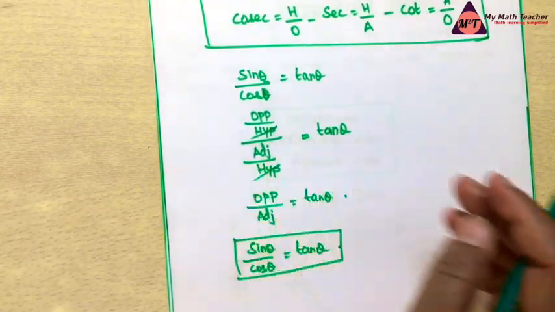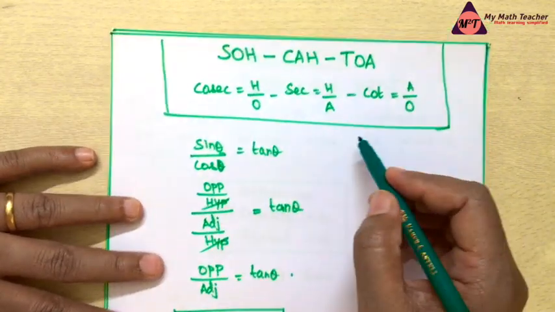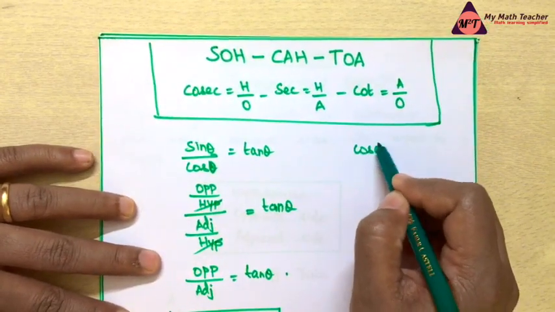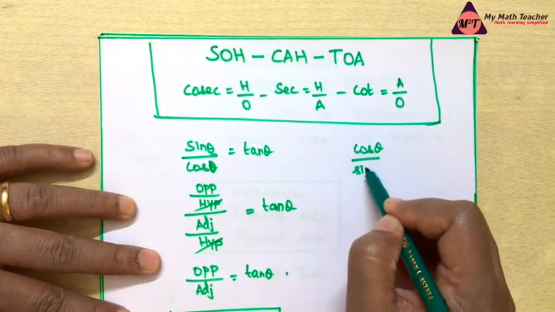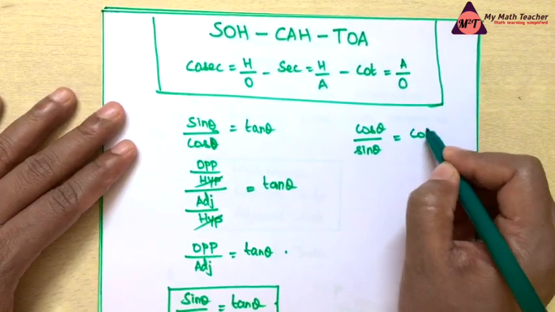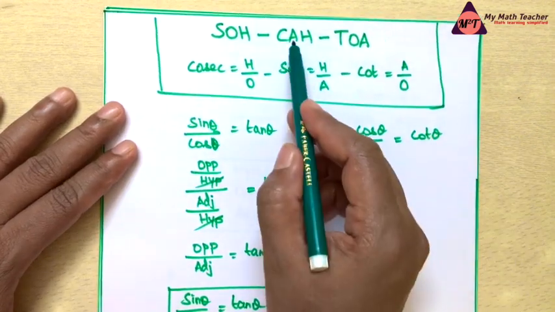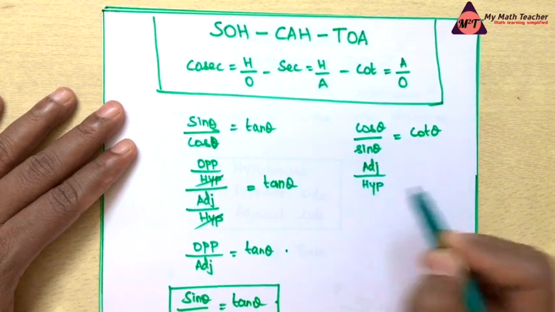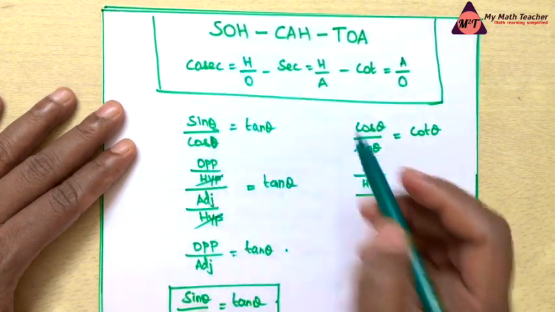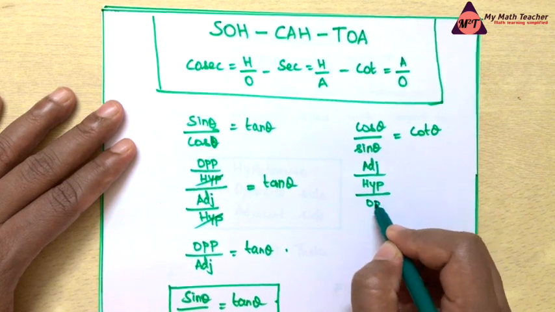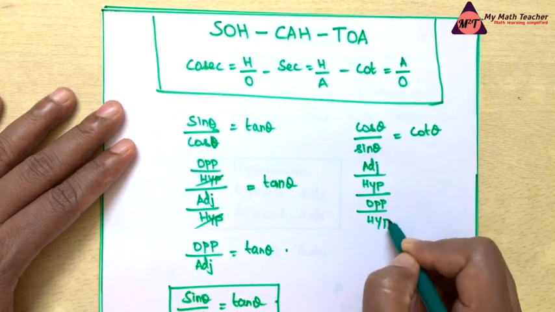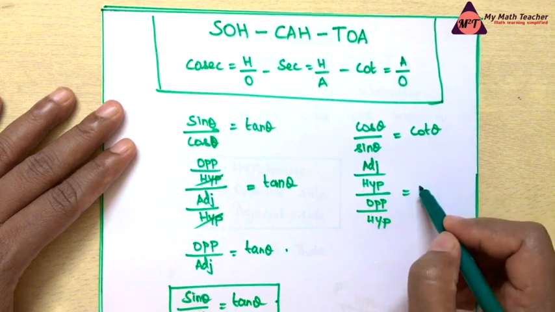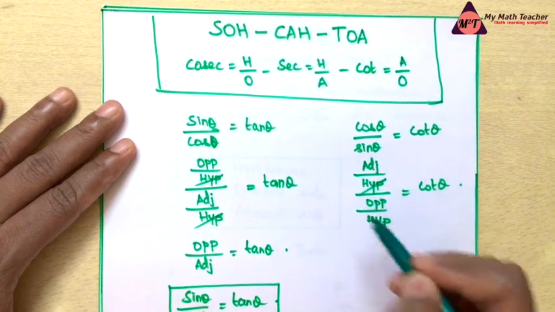Okay. The next one, the inverse. Cos theta by sin theta is cot theta. What is cos? Cos is adjacent side by hypotenuse, divided by sin, which is opposite side by hypotenuse. Will it be equal to cot theta? Let us check.